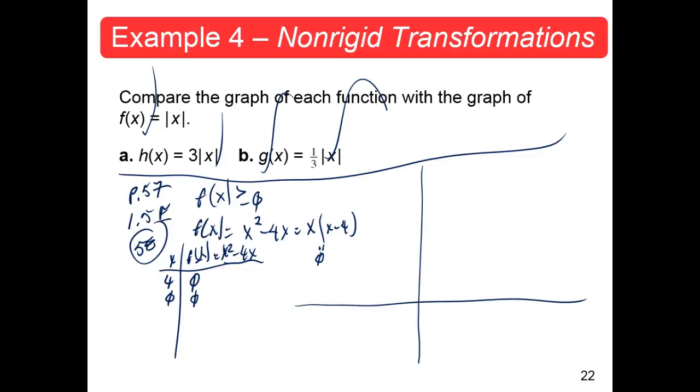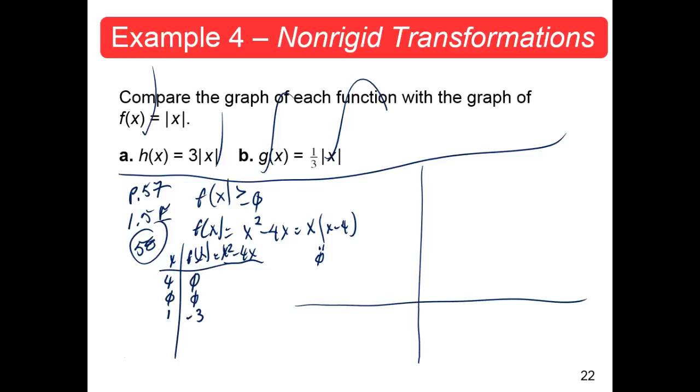And then why not pick something in between 0 and 4? What's a good number in between 0 and 4? 1 is a good one. And what do you get there when you plug it into f of x? -3. Okay?